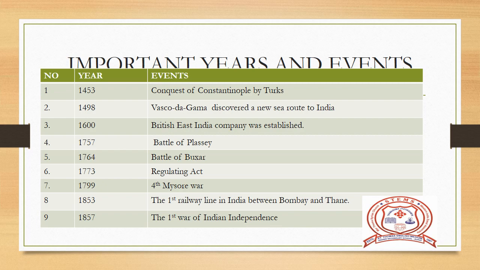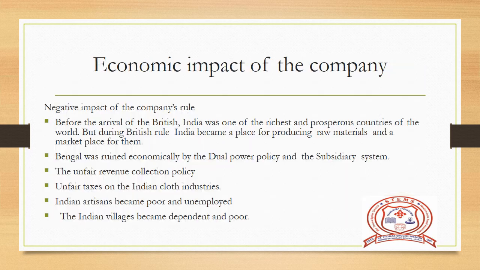In 1764, Battle of Buxar was fought. 1773, Regulating Act was passed by the British Parliament. 1799, Fourth Mysore War. In 1853, the first railway line between Bombay and Thane. In 1857, the first war of Indian independence.